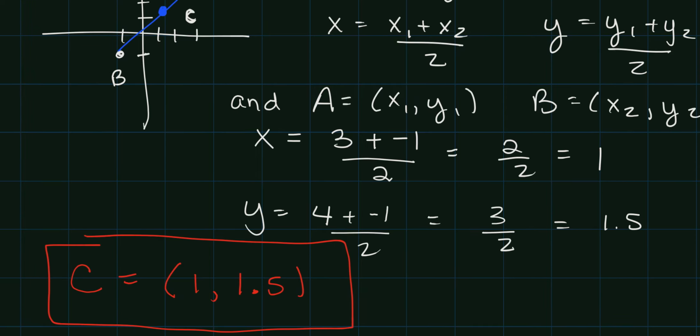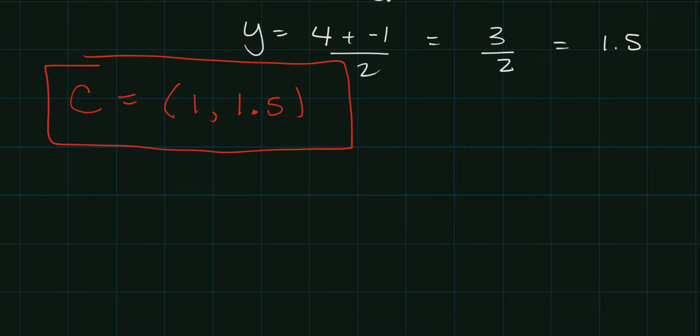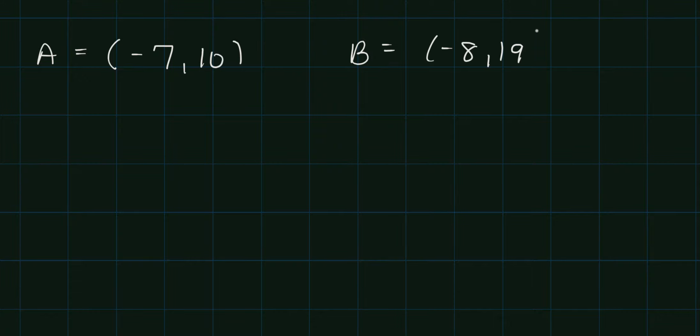Let's do one more, just for practice. And this time we're not going to plot anything. So I'm going to let A be the point -7, 10. And let's let B be the point -8, 19.